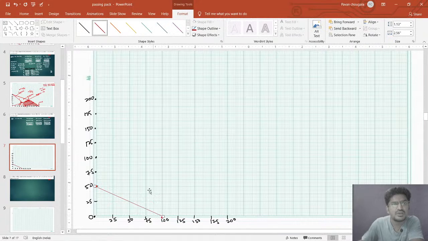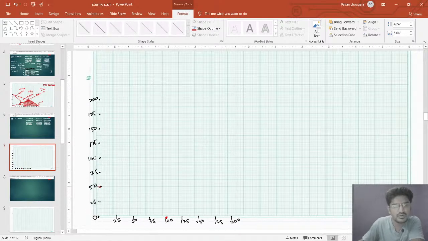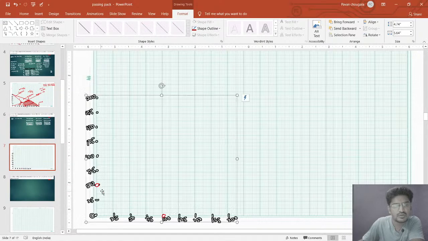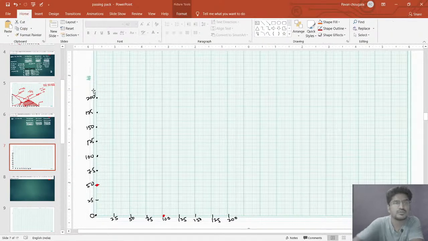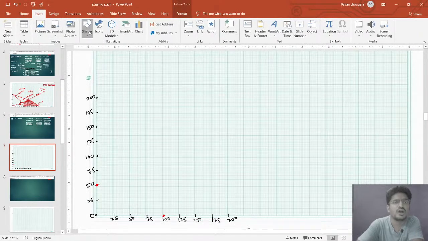Okay. So this is the line, that is from 50 to 100.